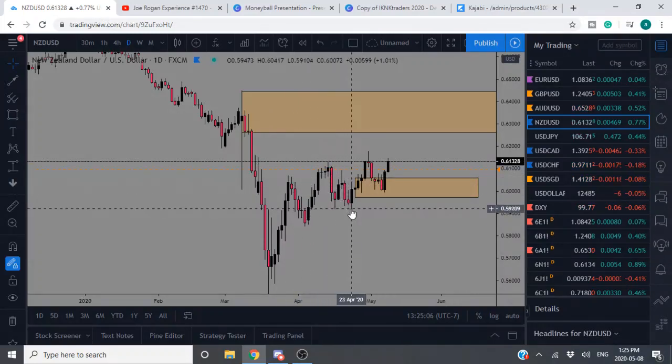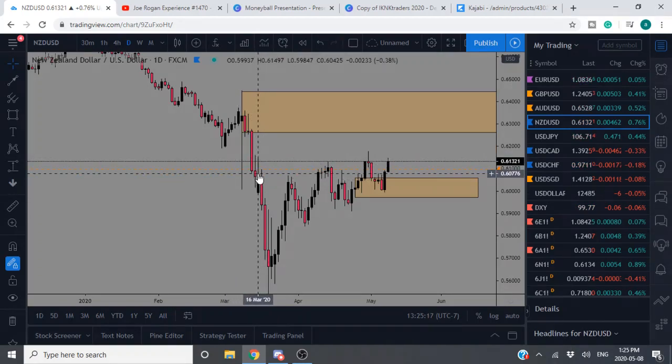When prices finally do decide to arrive back into the supply zone, prices are not going to stay there because there's no more sell orders in this area. This supply zone was a nice supply zone at one time, back here when it was first getting touched, right? Now, for the third and fourth touch, there is no supply in there, right?